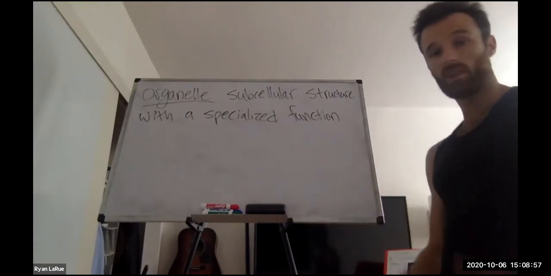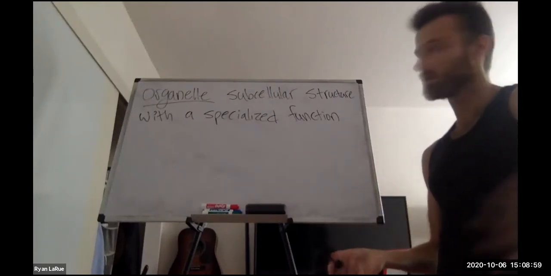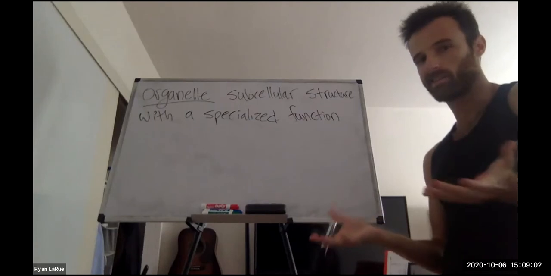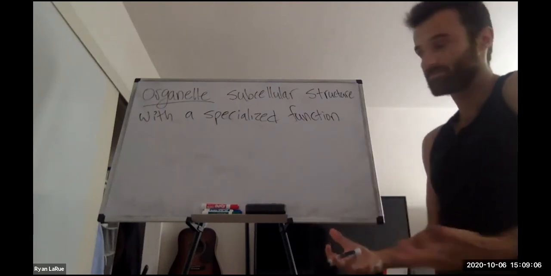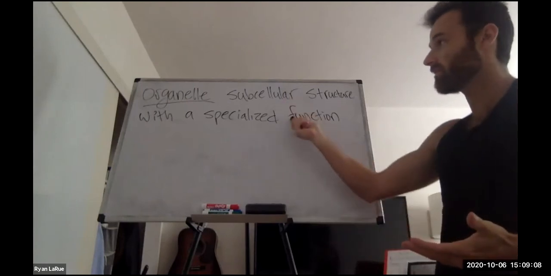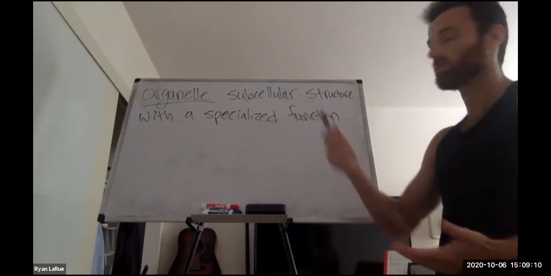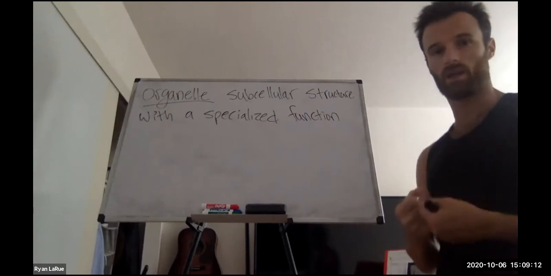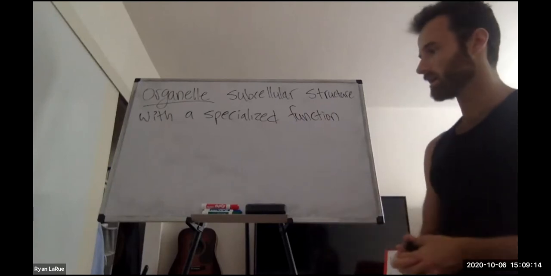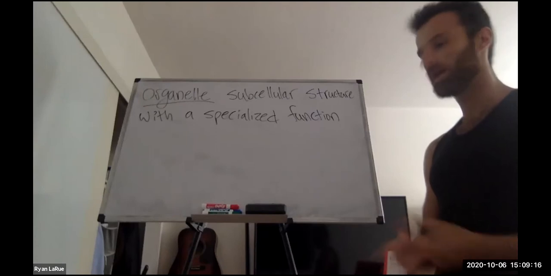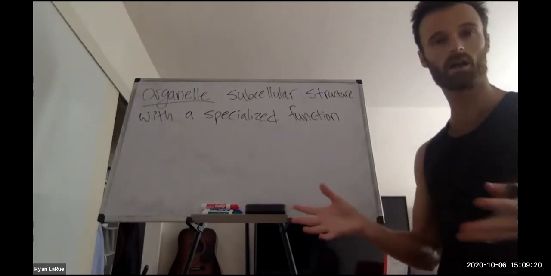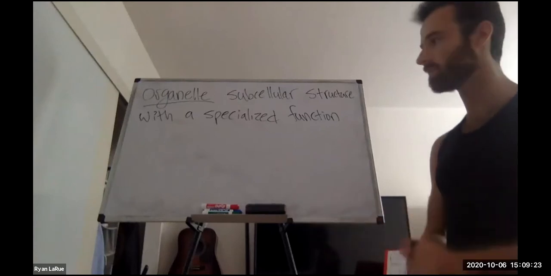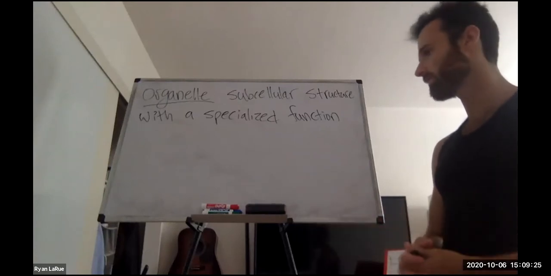If you look at the word organelle, it sounds like organ, right? It's like a mini organ, I like to think of it. Our body organs have the same definition of having a specialized function. Our heart pumps blood around the body. Our pancreas secretes digestive enzymes and insulin to regulate blood sugar.